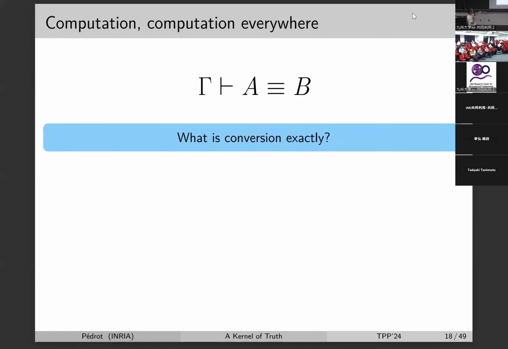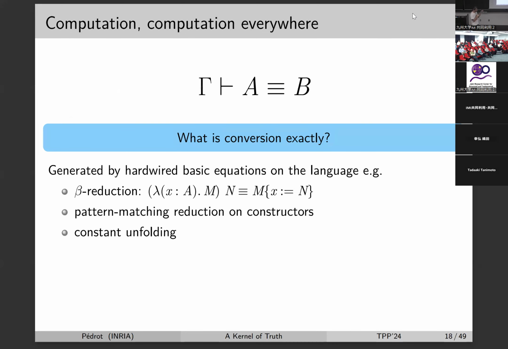So I claimed, yes, A is convertible to B, but this is cheating. I didn't define what it means to be convertible. I'm not going to enter the details, but basically you have the expected things, for instance, if you apply a function to an argument, then you can substitute. You have the rules for reduction of pattern matching applied to a constructor, and stuff like constant unfolding.